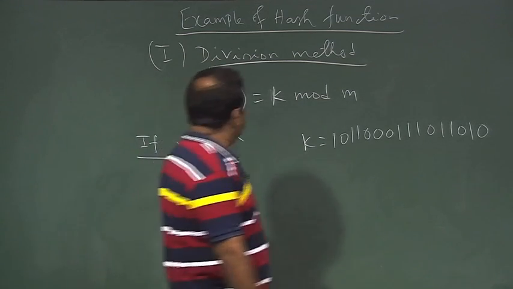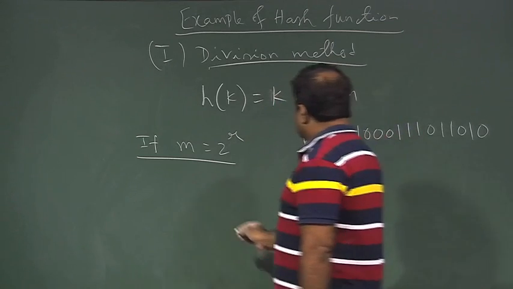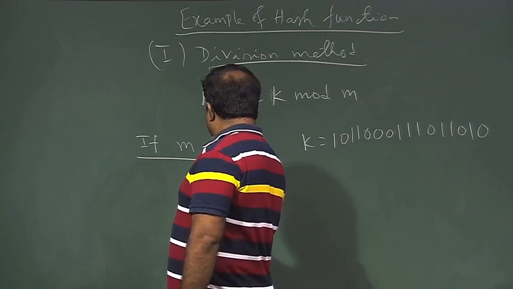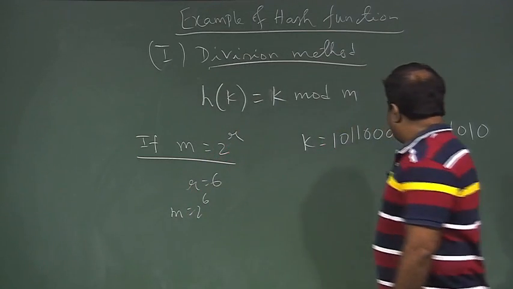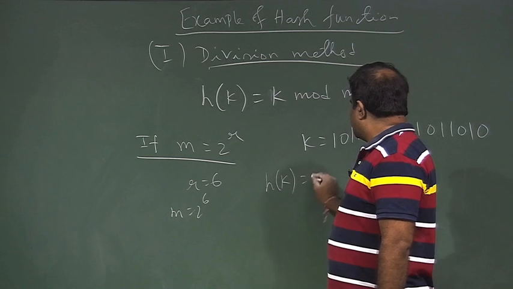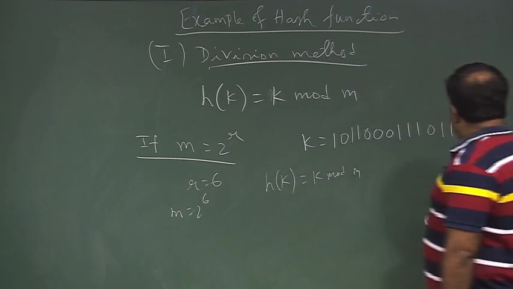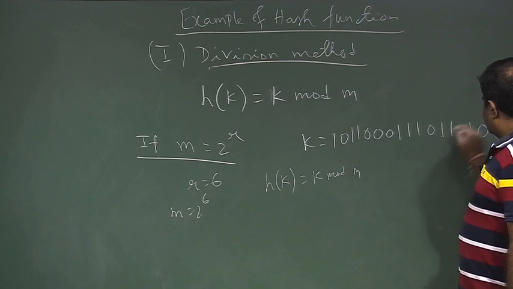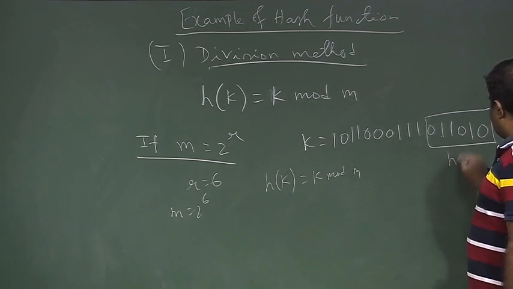Now suppose m is 2 to the power r, say r is 6. So m is basically 2 to the power 6. If r is 6, then what is h of k? h of k is basically k mod m, which is just the last 6 bits.